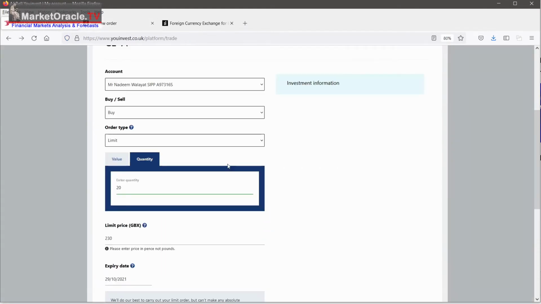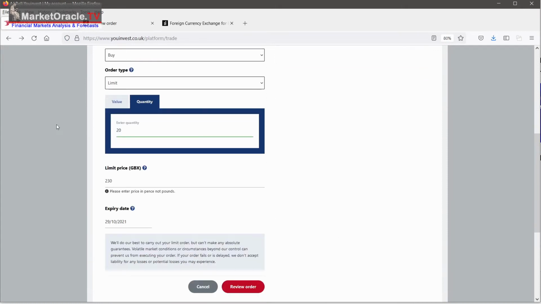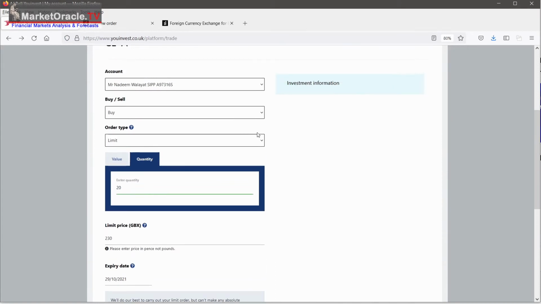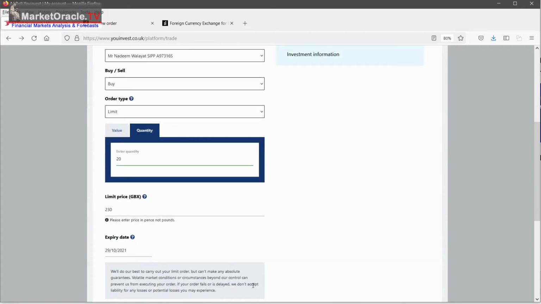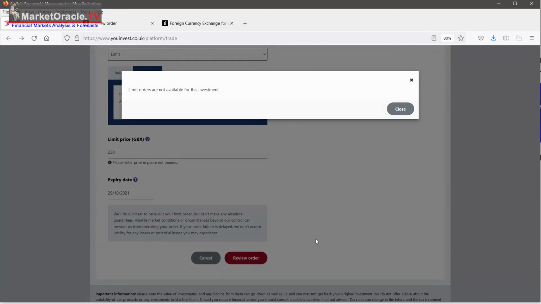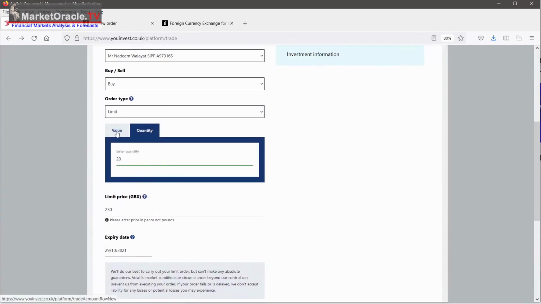With II I would pay a lot more, but buying it on the US exchange, which they only do for a few shares like Facebook and Google, Alphabet, they don't do it for Amazon for some stupid reason. See, they don't do limit orders. That's another negative.